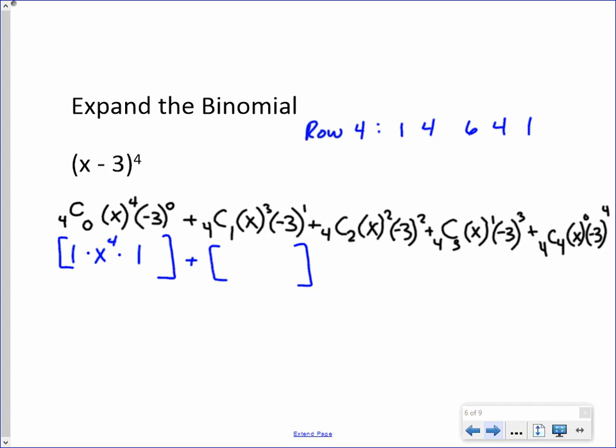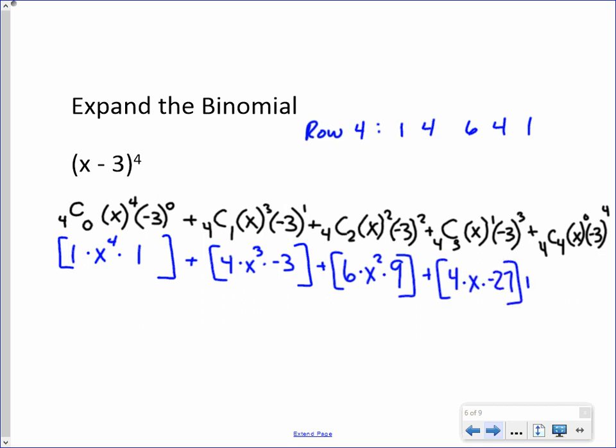They're just helpful for some students. Second term, combination 4 choose 1 is 4, times x cubed times negative 3, plus 6 times x squared times 9, plus 4 times x times negative 27, plus 1 times 81.